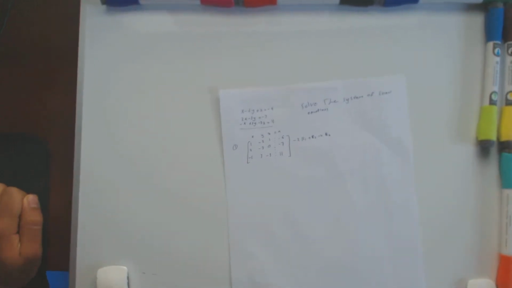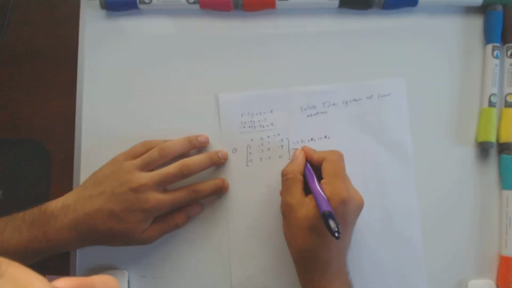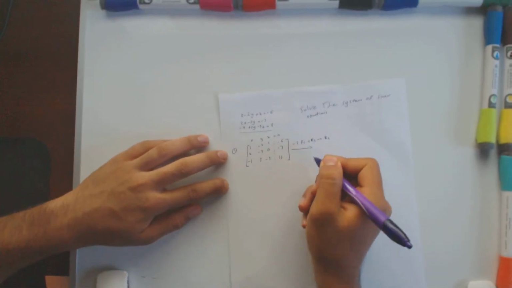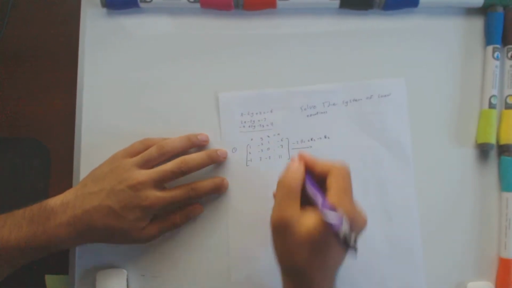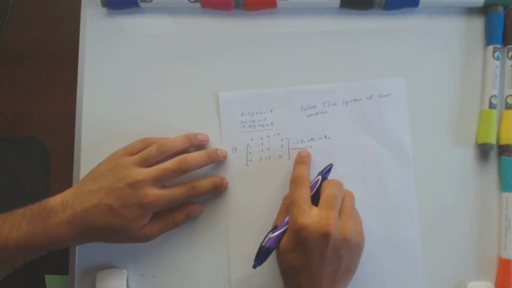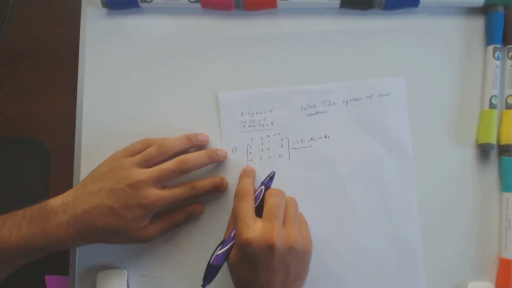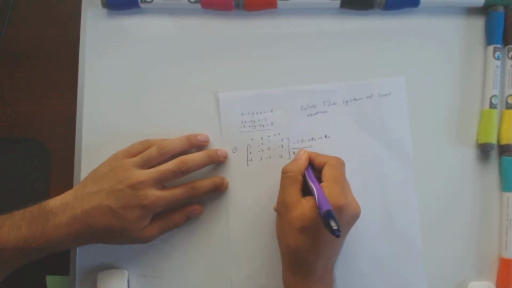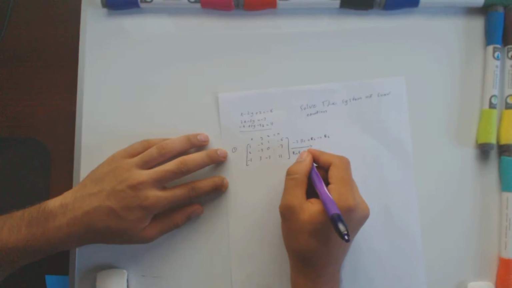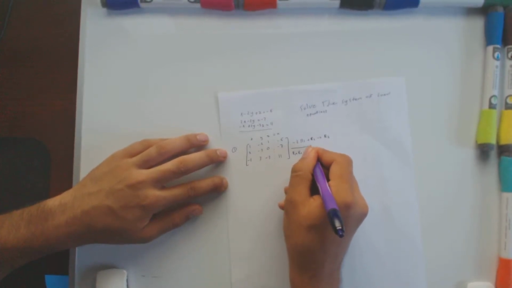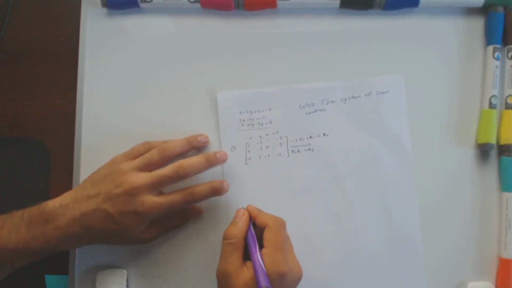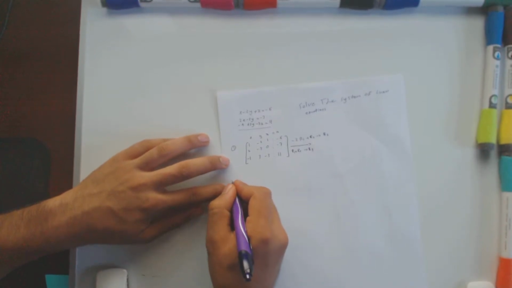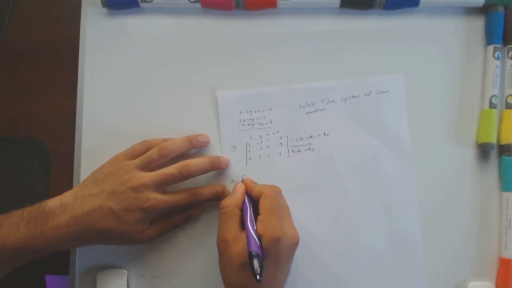Let's do 2 steps in 1 action. To make the -1 into 0, just do r1 plus r3, and it will give you r3. Okay, so let's say this is the second step.